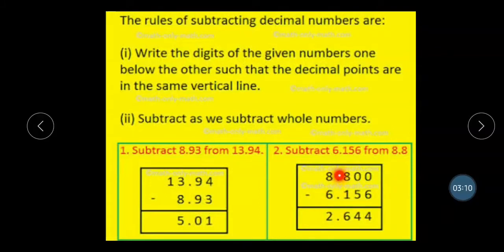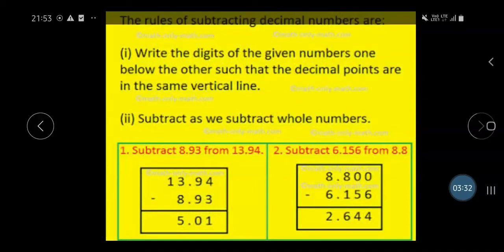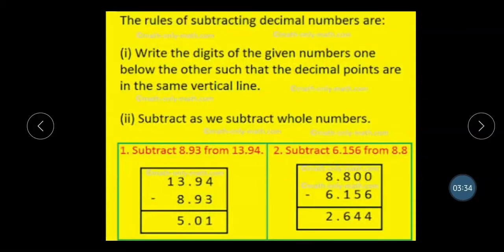So, see to it that you have put the decimal point. So, our answer is 2.644. So, subtracting 6.156 from 8.88, we get 2.644. Children, I expect you to write these rules plus both the examples in your notebook.